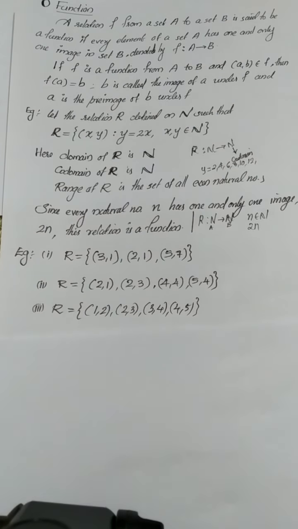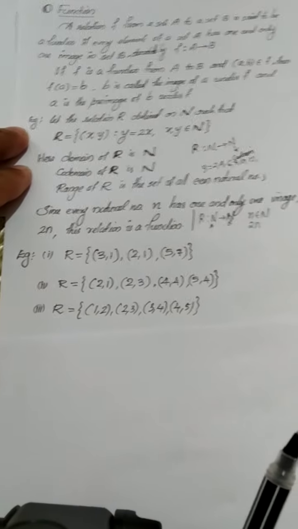And also look at some examples here. First one, R is equal to {(3,1), (2,1), (5,7)}. Is it a function or not?